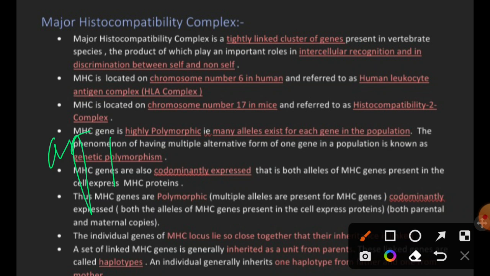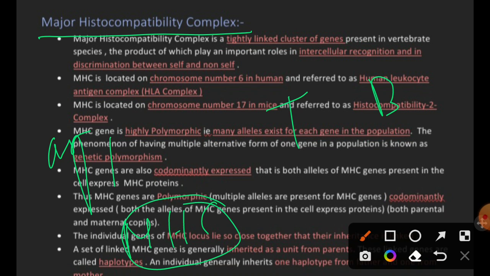Not only that, MHC helps our immune cells. Remember there are two major immune players, T cells and B cells. If MHC is not present, it will be very difficult for the T cell to recognize the antigen, because MHC plays a very vital role here.